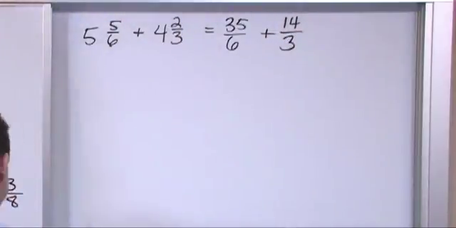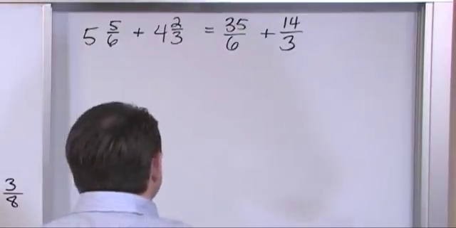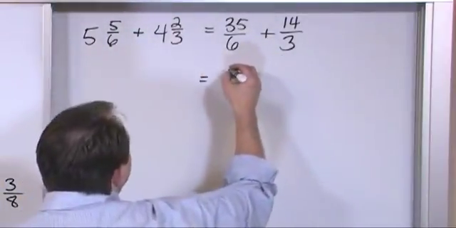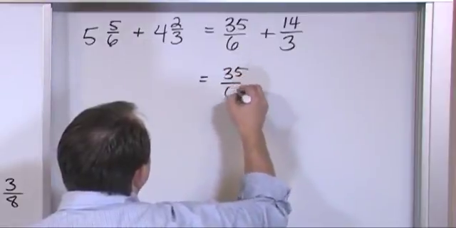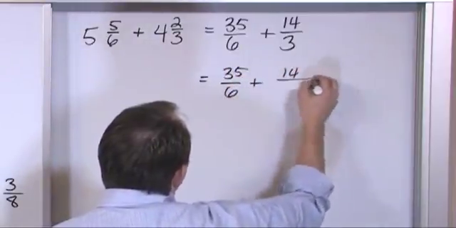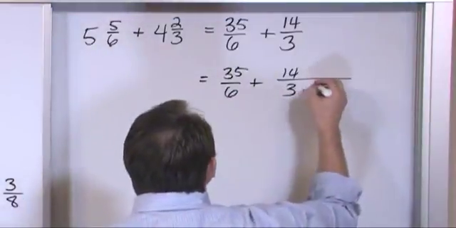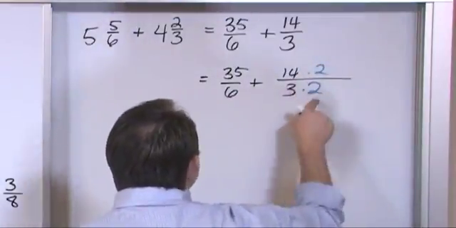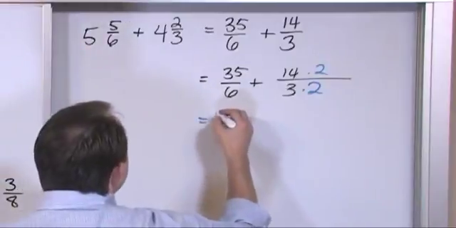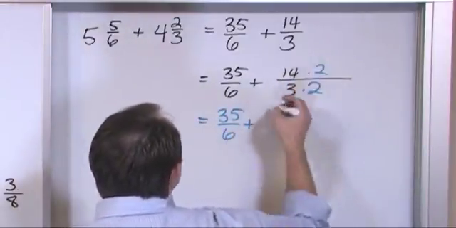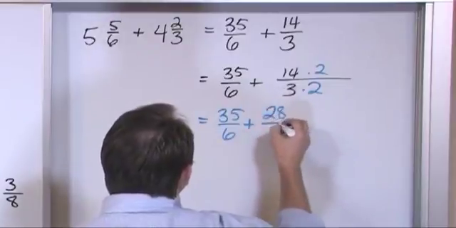So here we have 35 over 6 plus 14 over 3. And so we look at this, we have 6 and we have 3. So we kind of have it handed to us on a platter here. 35 over 6 we're going to leave alone. The 14 over 3, we're going to multiply this fraction by, you guessed it, 2 over 2, because I'm trying to make 6. So I'll have 35 over 6 plus 14 times 2, 28 over 6.